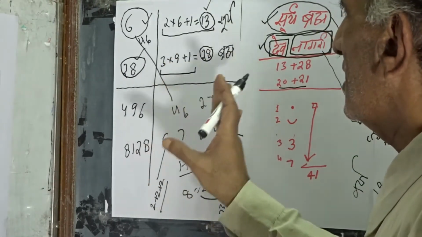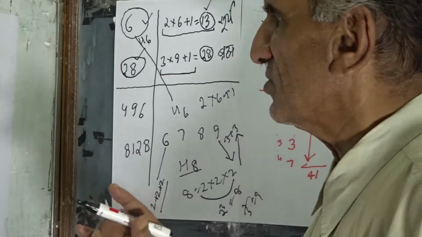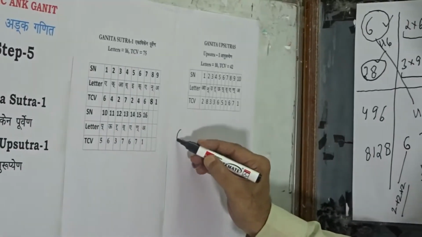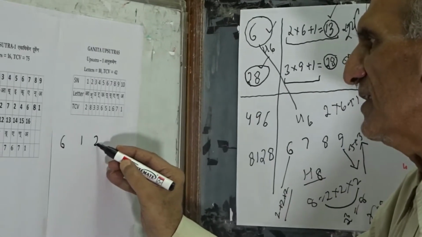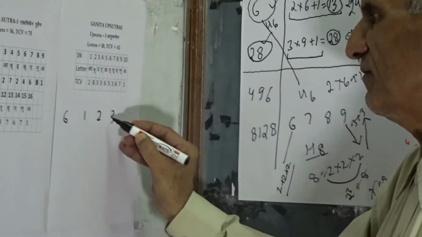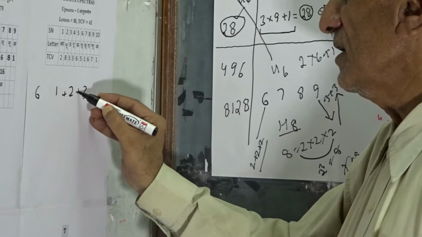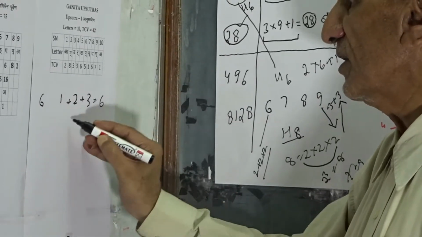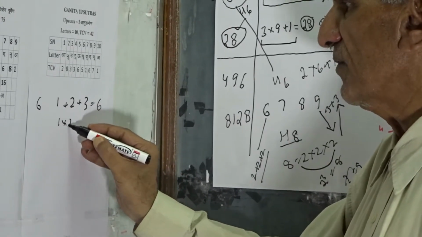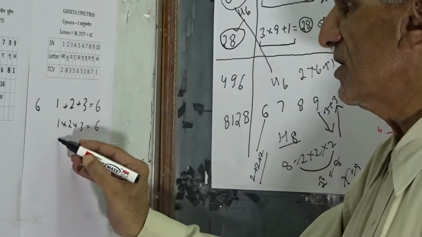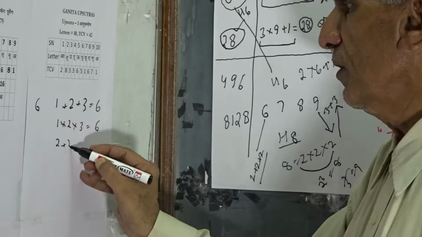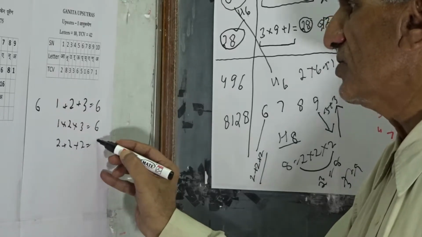These features deserve to be chased further as well. 6 as the first perfect number is having 3 proper divisors, and the summation value of these 3 is going to be 6. Further, the multiplication of these 3 values also leads us to value 6, and still further 2 plus 2 plus 2 leads us to value 6.